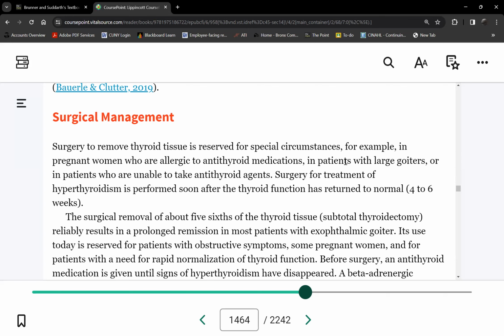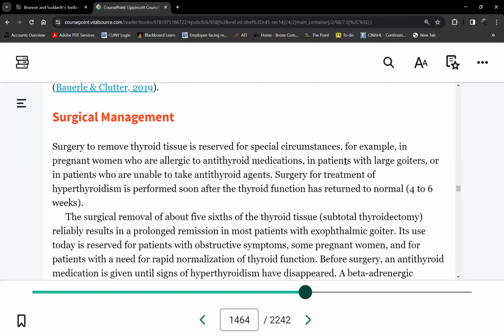They have goiter. Why is the thyroid gland enlarged? Increased blood flow, correct? Yeah, very high blood flow. So what will happen if we cut? The patient will bleed, right? Bleed to death on the table. We can't stop it. So therefore, what should we do before we schedule surgery?